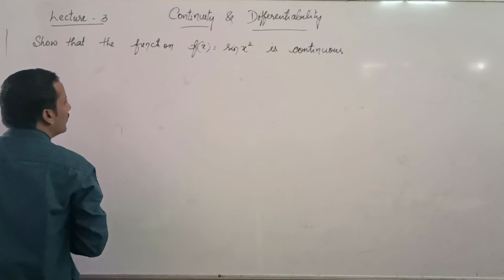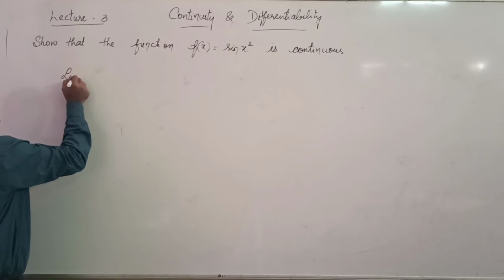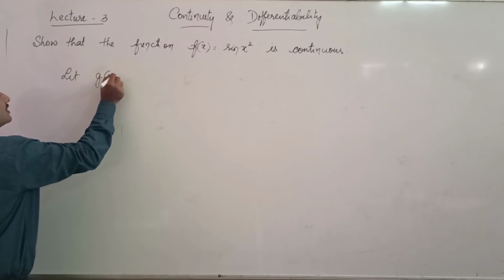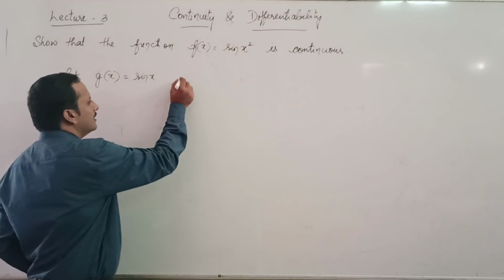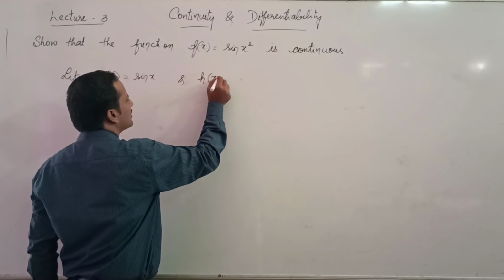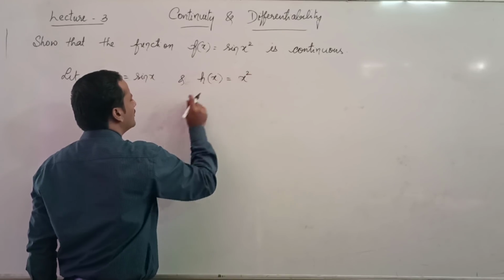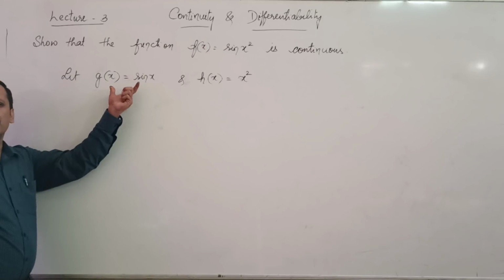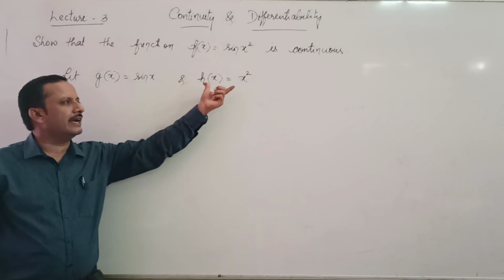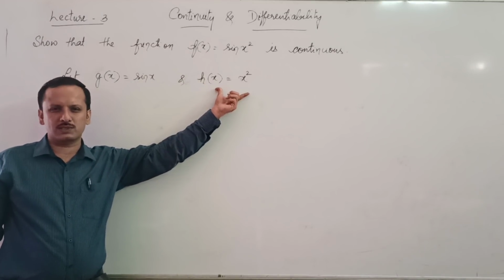So now I will take, let g of x equal to sin x and h of x equal to x square.